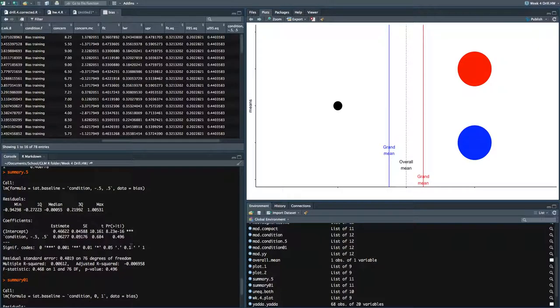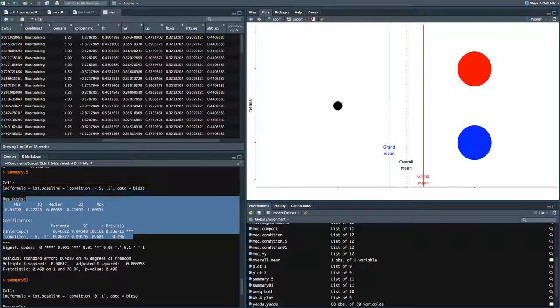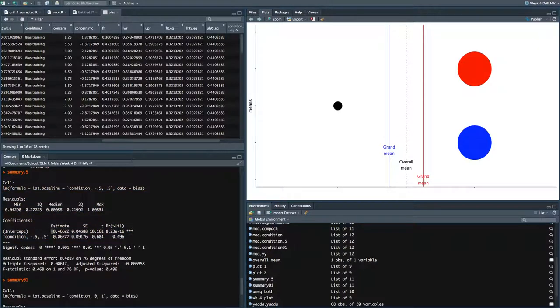So again, in effect coding, -1/2 and 1/2, our intercept is the grand mean, and the estimate of the slope is the difference between groups.